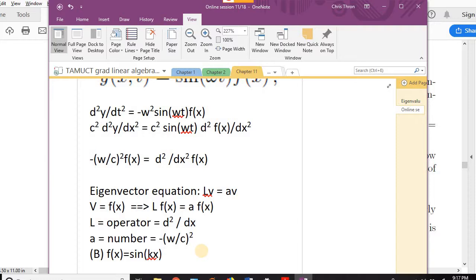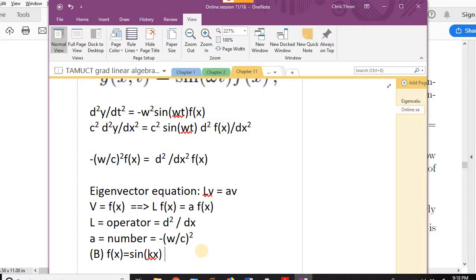So what does that tell you? You pass sine of kx through, for what did we call it in our second part, f of x, as the vector. What does that tell you about k? K is a constant, yes.